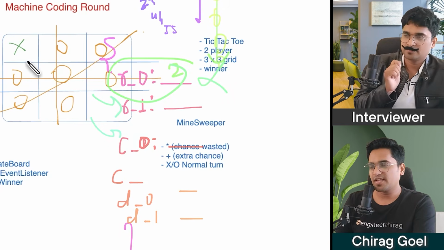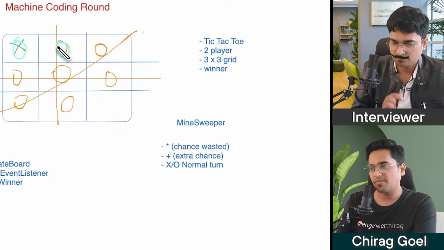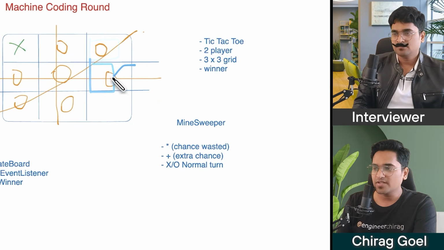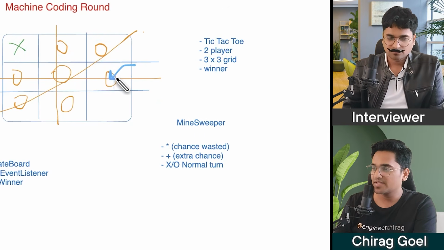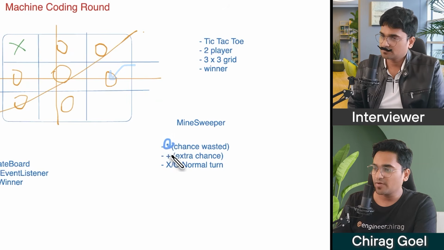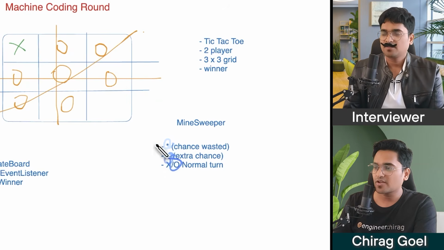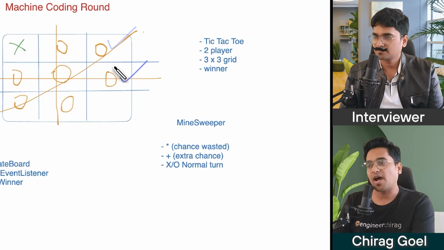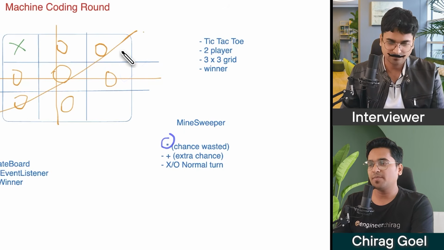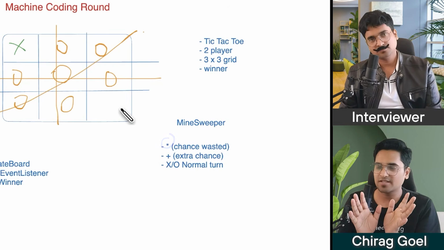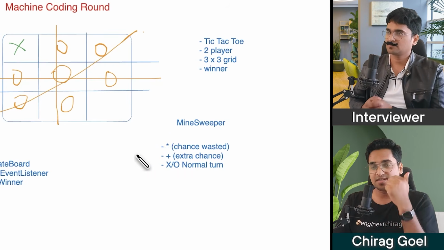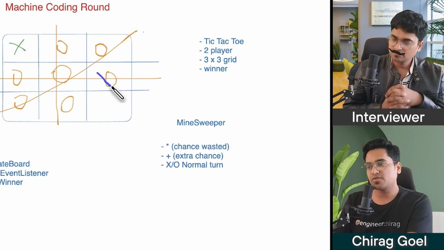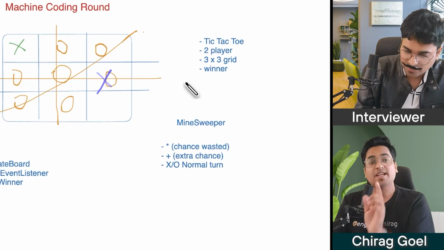So okay, I get what you meant. All these cells are by default hidden. We don't know what is the value inside. Now the values inside are randomly calculated, which is either a star, or a plus, or X or O. Depending on the value under the hood, either your chance is lost, or if you get a plus, then you will play your turn, which is X, and you will get an extra turn.